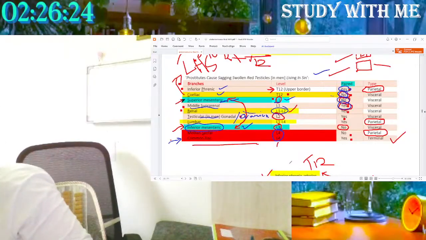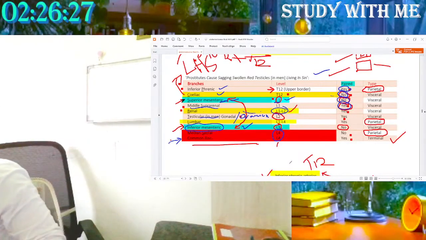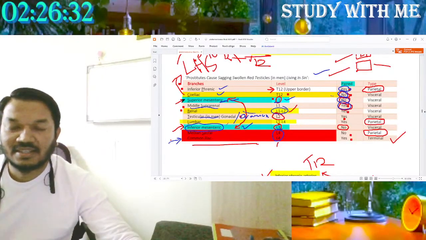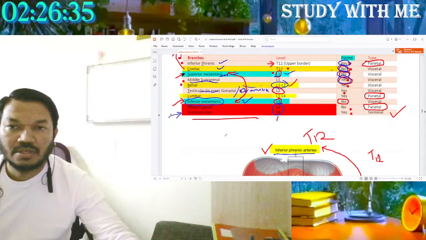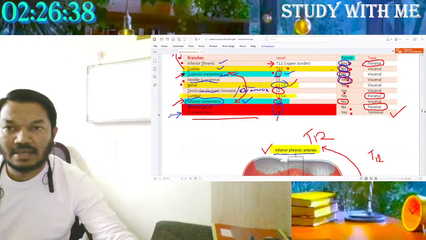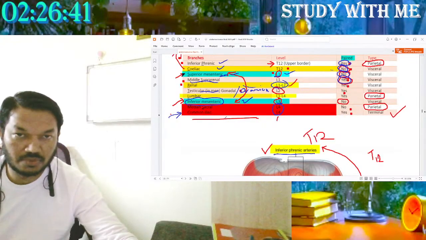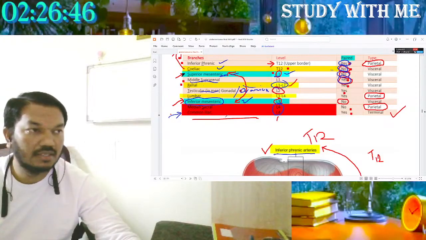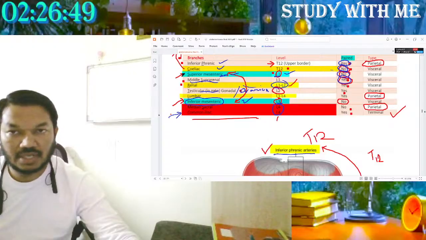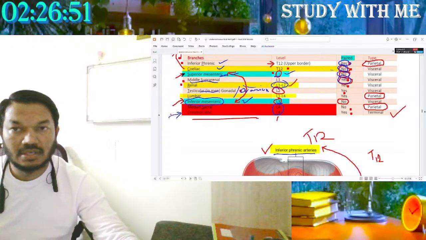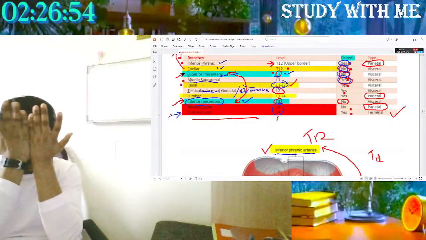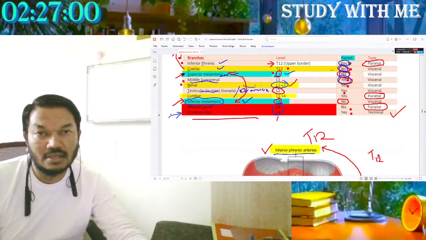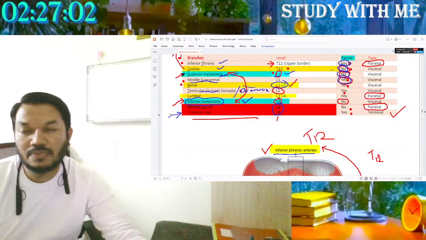So lumbar, we have lumbar 1, 2, 3, 4, and renal on the left is L1. Left one L1 means on the left side it will be at the L1 level, and on the right side it will be at the L2 level. That's why for renal they gave both L1 and L2.